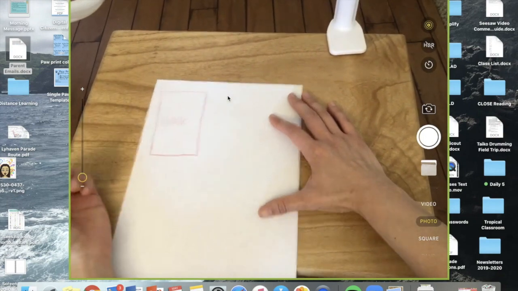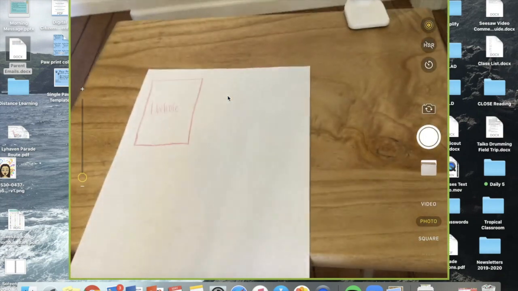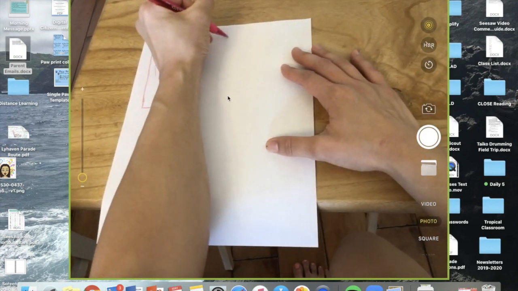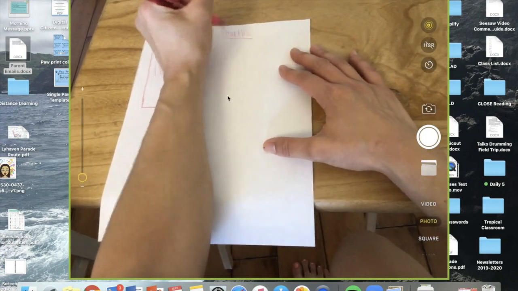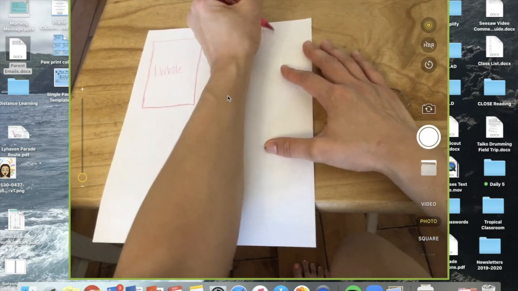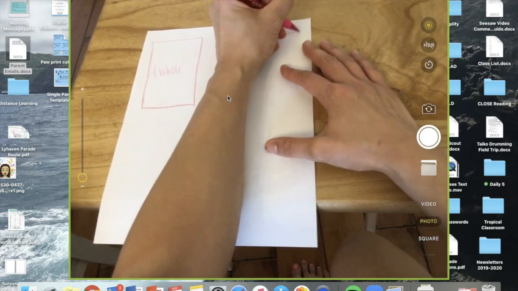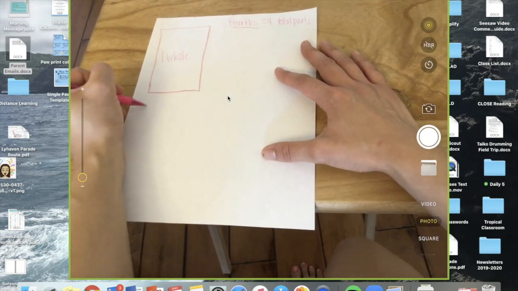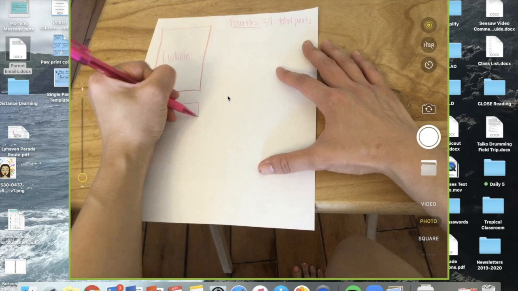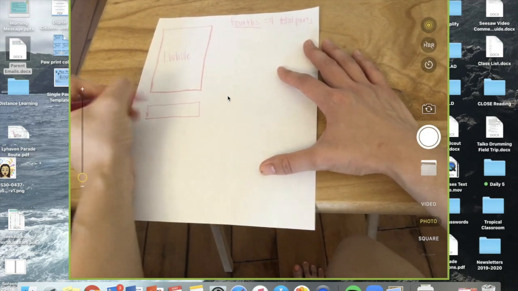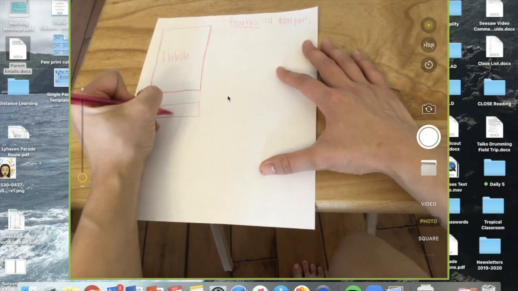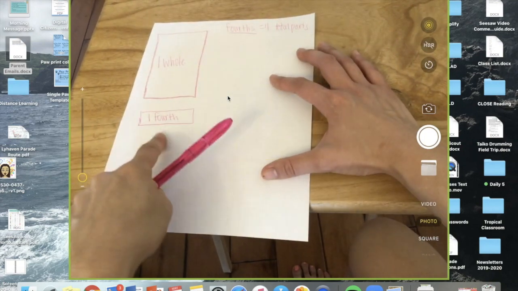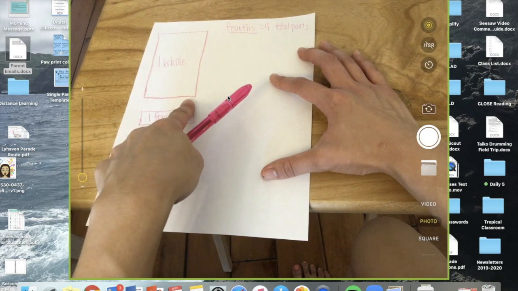But let's say that I'm going to use fourths, okay? So I have fourths, which means I have 4 total parts. But let's say that we only have a part that looks like this. And this is 1/4. Okay?